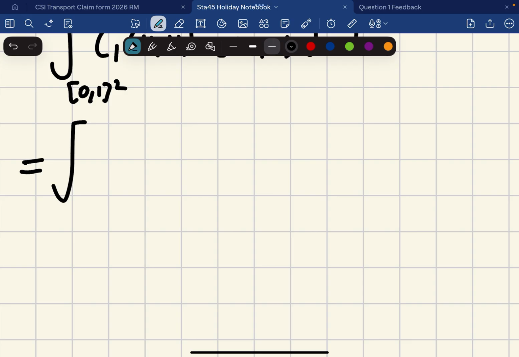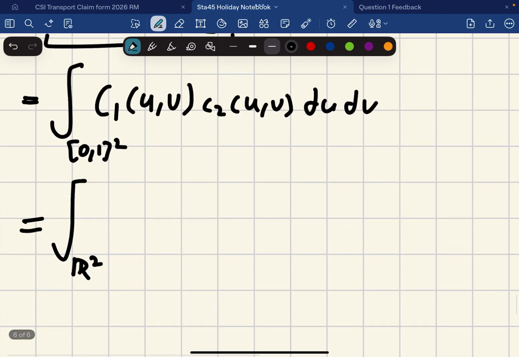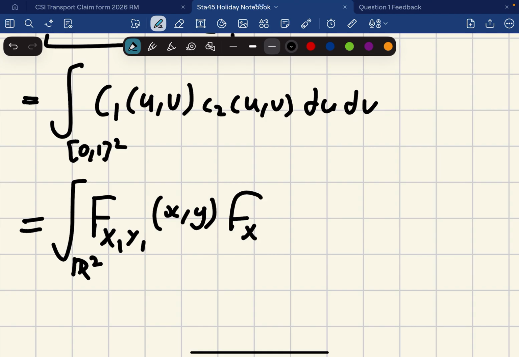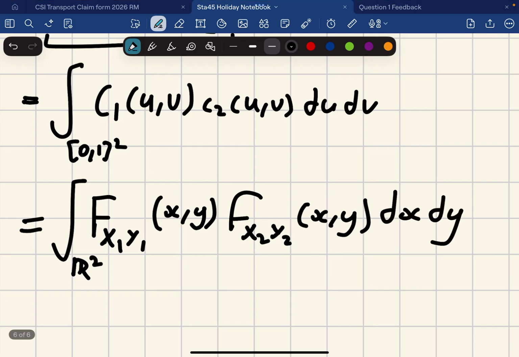But if I now reverse the transformations and I go back to X and Y instead of U and V, I am left with a CDF of F_X1, sorry, Y1, (x, y), and then here's PDF X2, Y2, (x, y) over x and y, right?